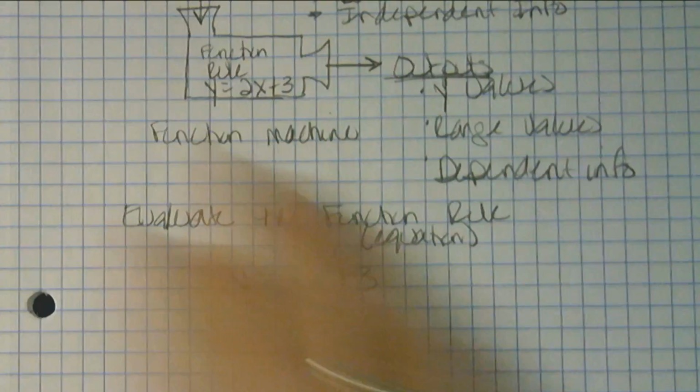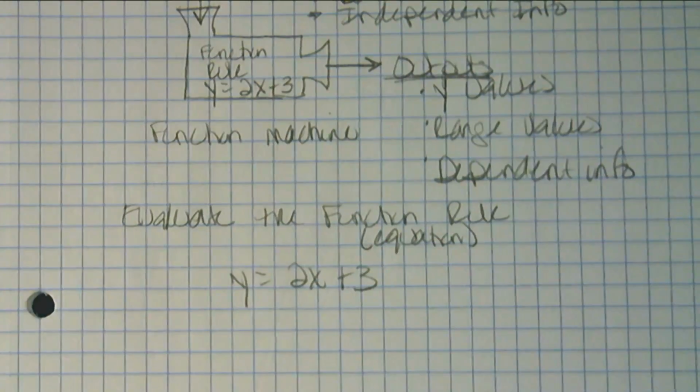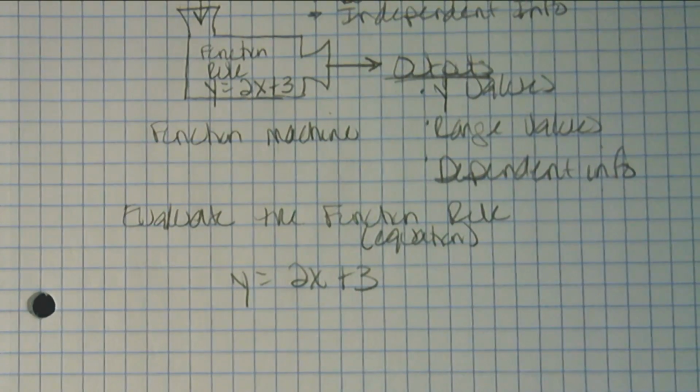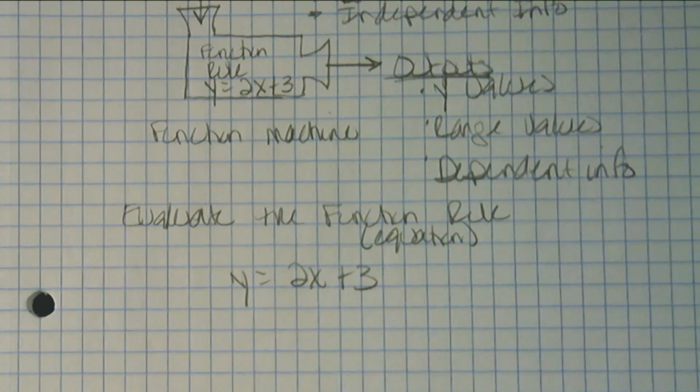So while you obviously aren't going to draw this machine again, now you've got a picture in your mind of what inputs are and what outputs are. Inputs are the numbers you're putting in for your x value or your independent information. Your outputs are the numbers you're getting out once we do all that math, or your y.